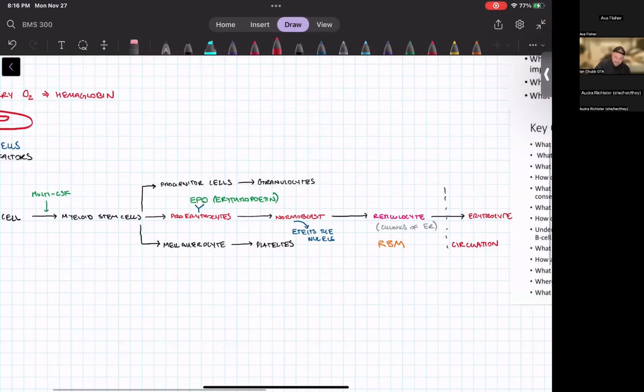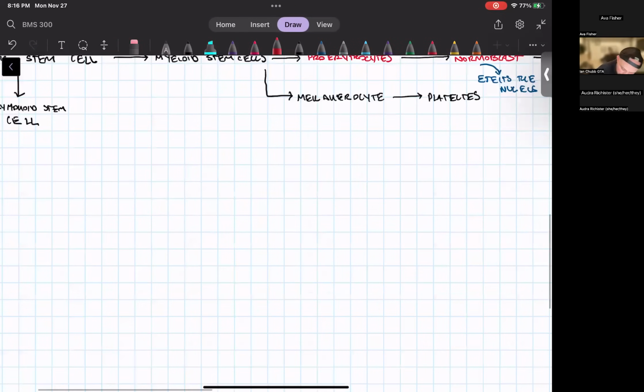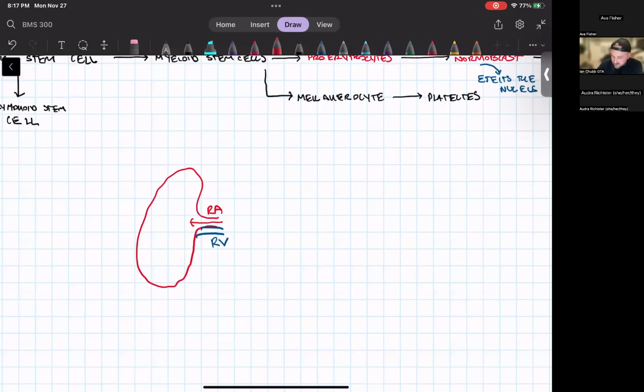Cool. So now to tie this story the rest of the way, if we are looking at our kidneys, we'll have a renal artery and then a renal vein. Blood obviously enters the kidney through the renal artery. So when blood comes in, we have these specialized cells called peritubular cells.